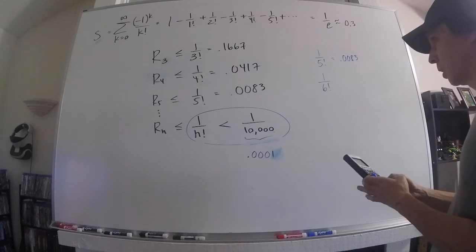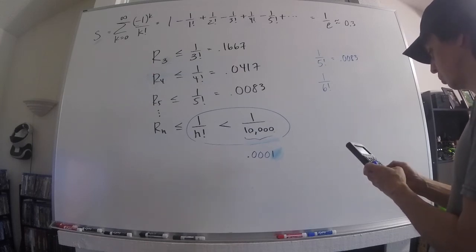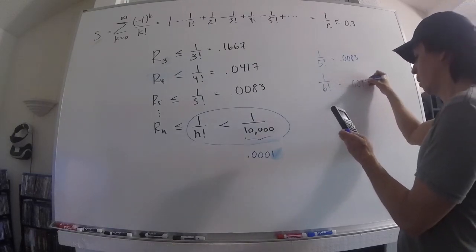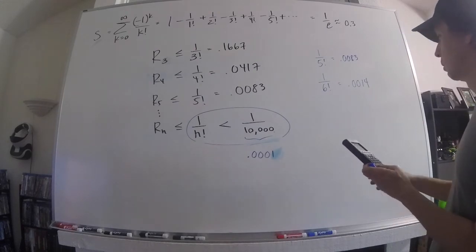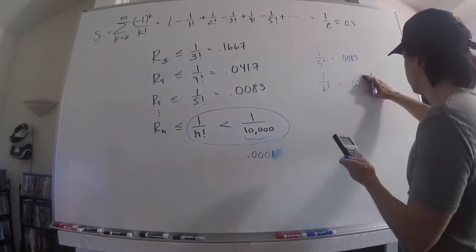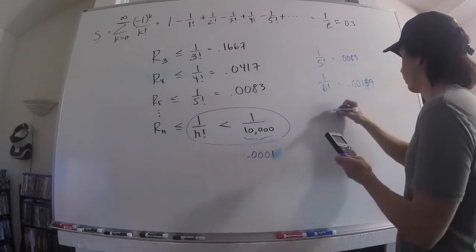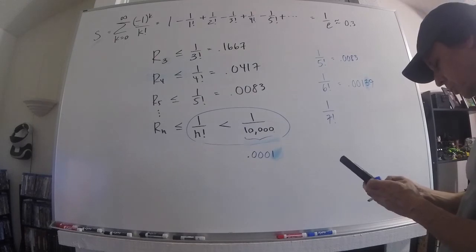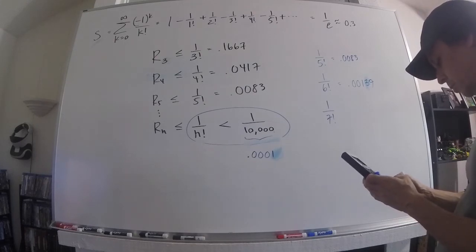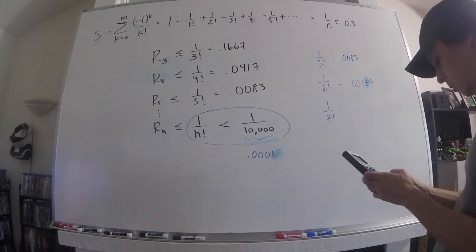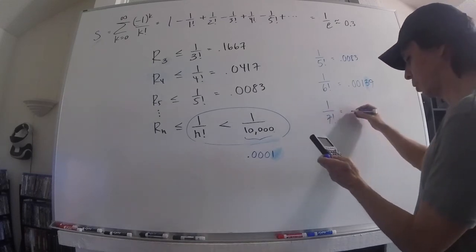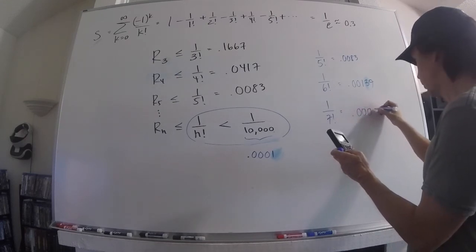Let me do 1 over 6 factorial. Trying to do a shortcut because finding factorial on the calculator is buried in menus. Okay, so that is 0.0014. Nope. Oh, and I should be doing extra places. So this is kind of what she did, a little bit different from what she did. Okay, this is scientific notation already. 0.00020.